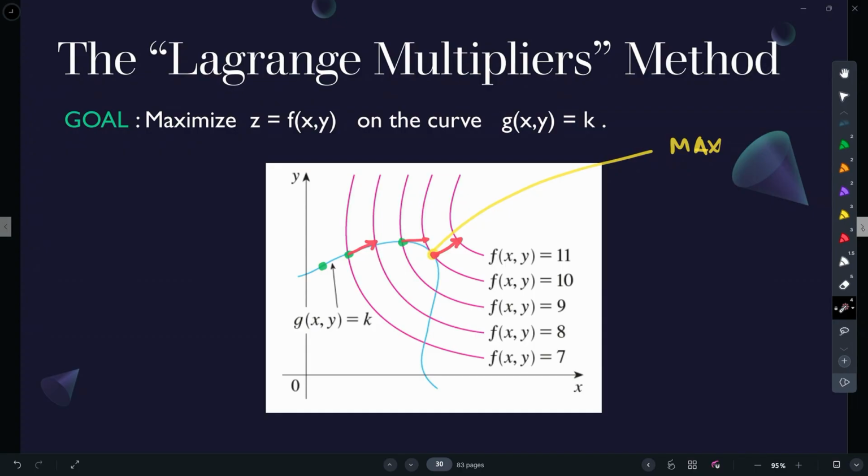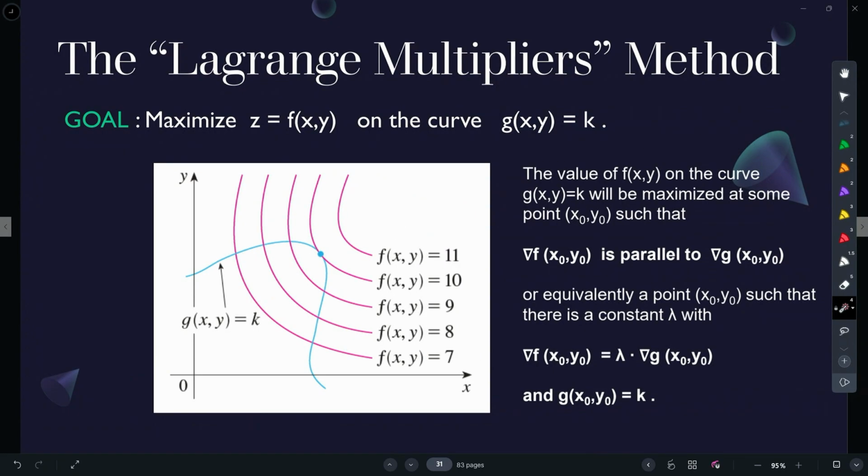That is exactly what the method of Lagrange multipliers tells you: the maximum value on this curve will occur when the gradient vector of f is parallel to the gradient vector of g. If you compute both gradient vectors, they will both be parallel at that point.